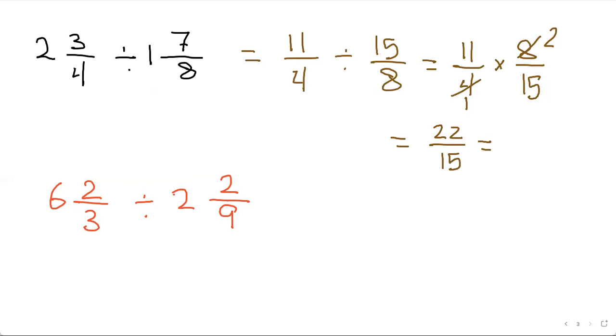Now, if you want to change this to a mixed number again, 15 goes into 22 once with a remainder of 7 over 15. Now you try this one. Pause the video, try this one, and shortly I'm going to post the answers. Check the answers when you finish and make sure you get the right answer.